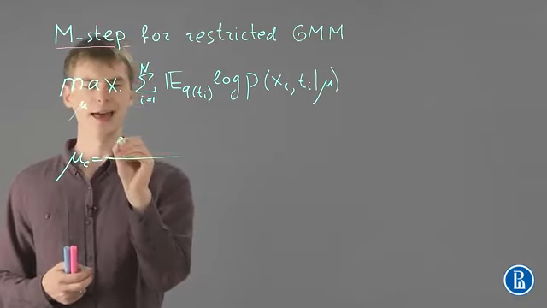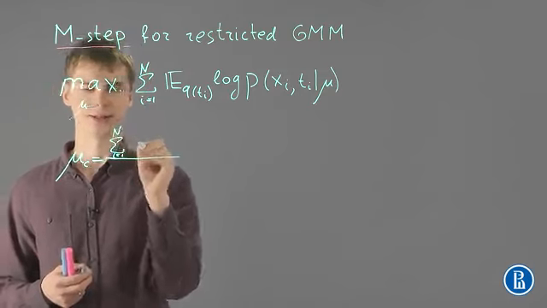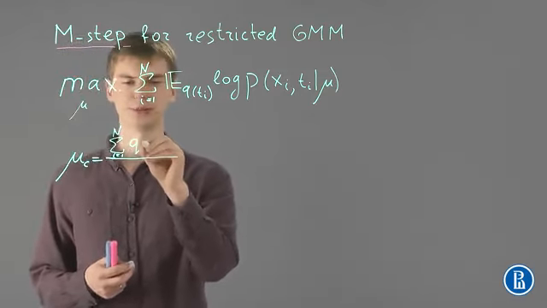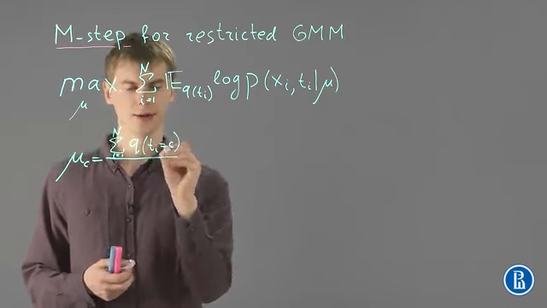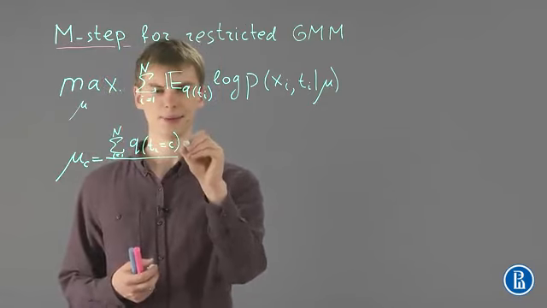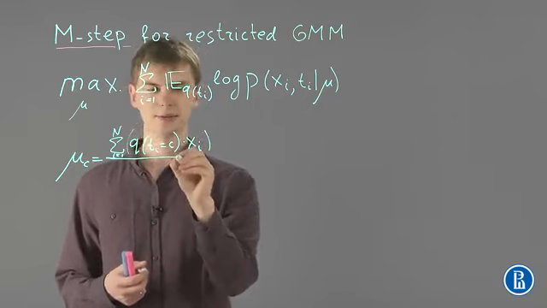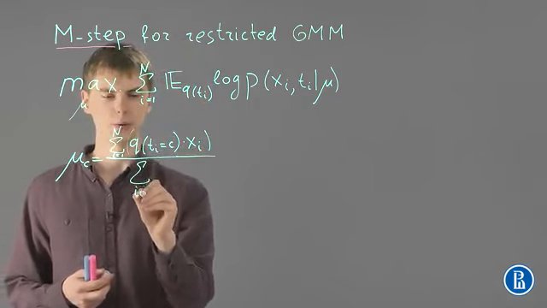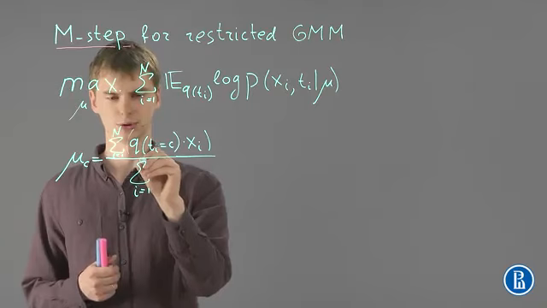It was the average with respect to all the data points in our training dataset times the variational distribution Q, so the weights of Ti equals to C, the weights according to the current Gaussian C, times the data points xi, divided by the normalization, so the sum of all the weights Q of Ti equals to C.